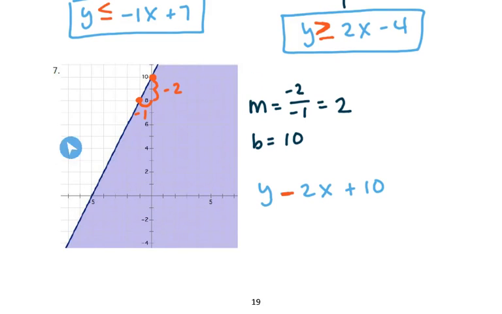And I know it kind of looks more like left and right, but if I were to put my pencil here and drag up, that's not shaded. If I were to put my pencil here and drag down, that is shaded. So this will be, for all y values, less than or equal to 2x plus 10. And this concludes our video notes on linear inequalities.